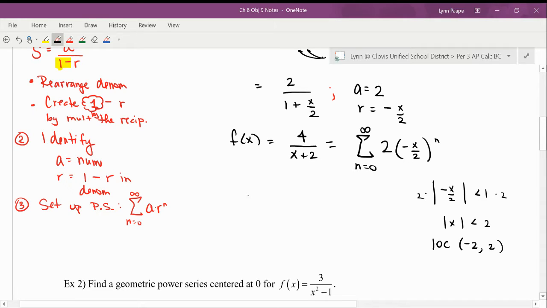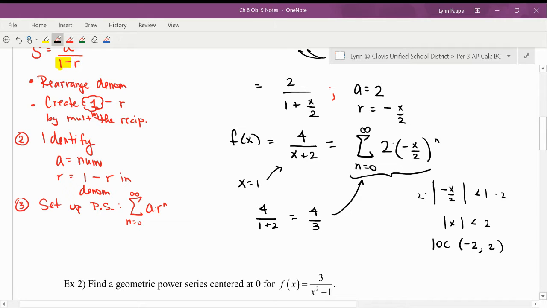So let's pick a value, say, let x equal 1. If x were equal to 1, and I evaluate the function with 1, that would be 4 over 1 plus 2, which is equal to 4/3. And so then the sum of this series right here has to be 4/3.